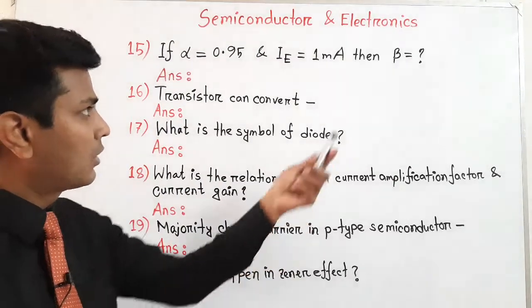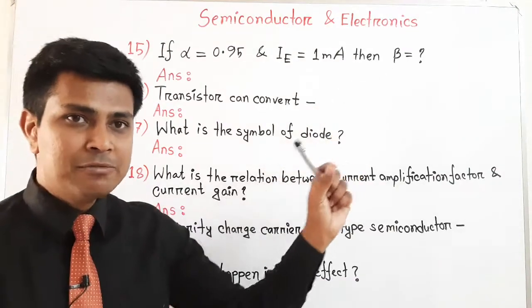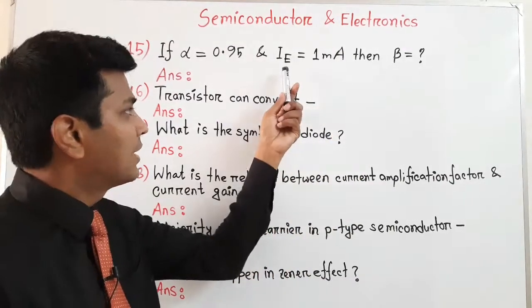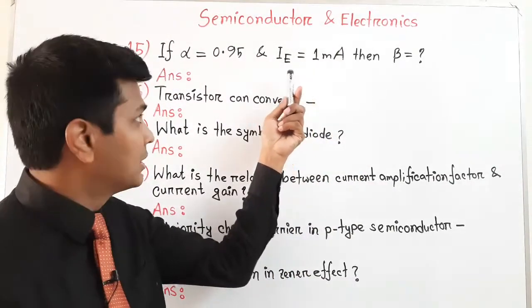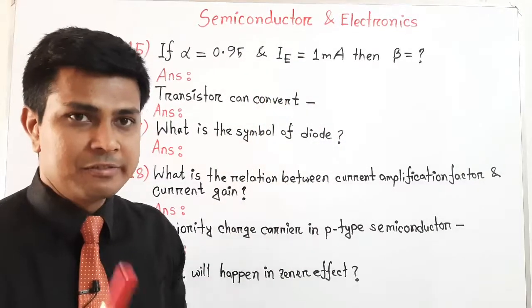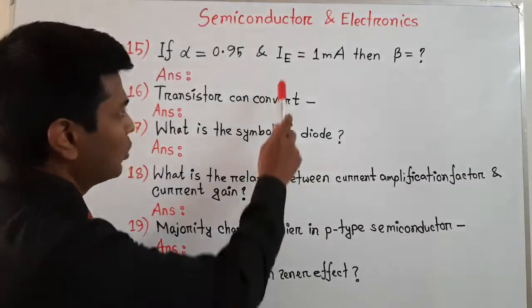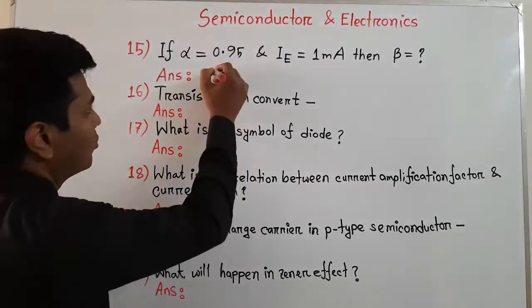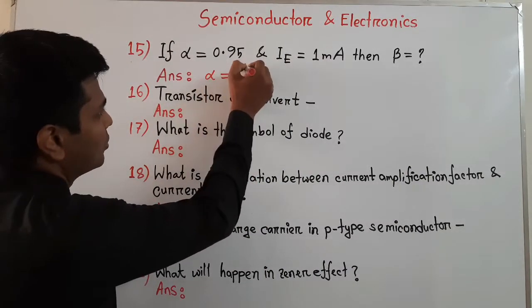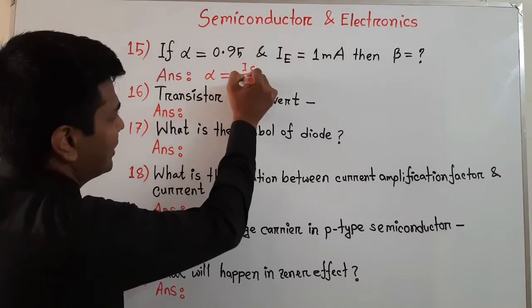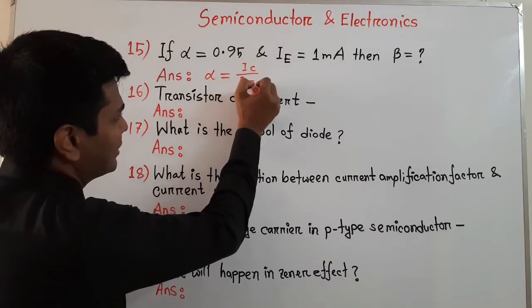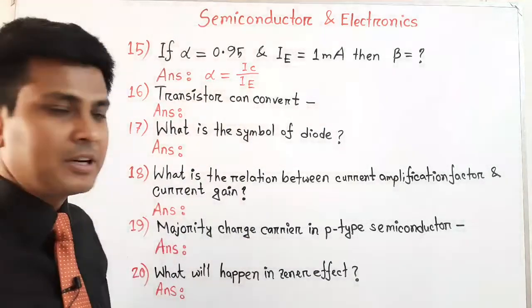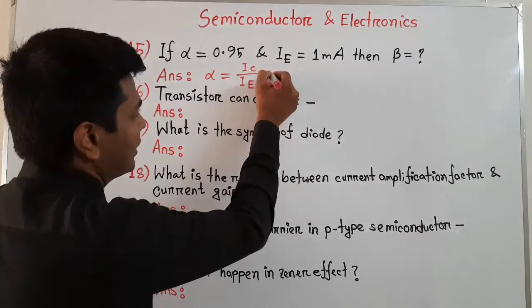To calculate beta, we need the base current and collector current, but these are not given. First of all, we have to calculate the collector current by the formula of alpha. You know the formula of alpha is alpha equals IC divided by IE. That means alpha is the ratio of collector current and emitter current.